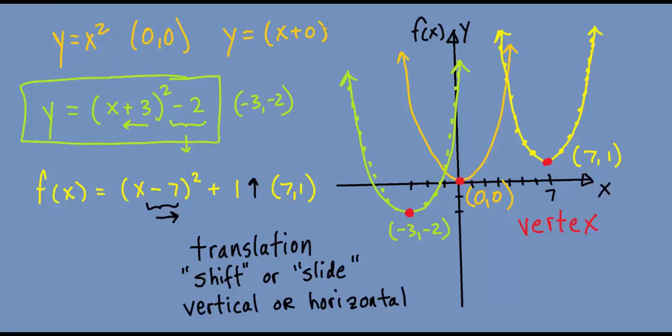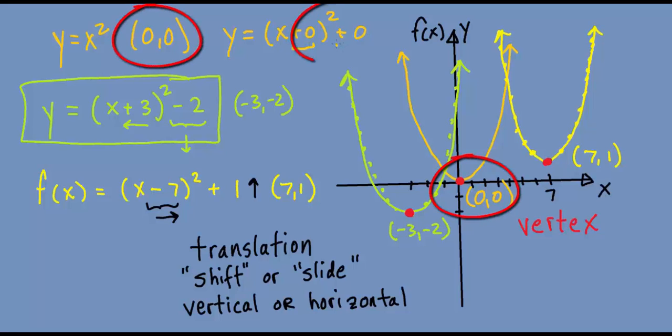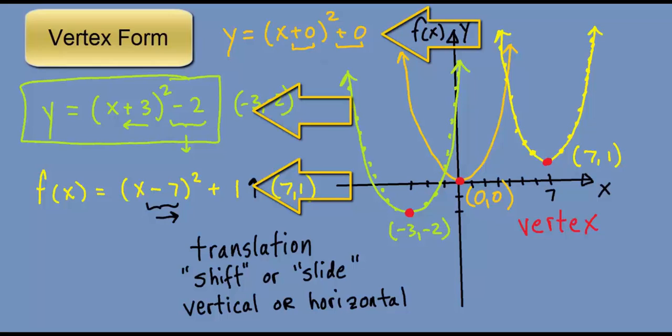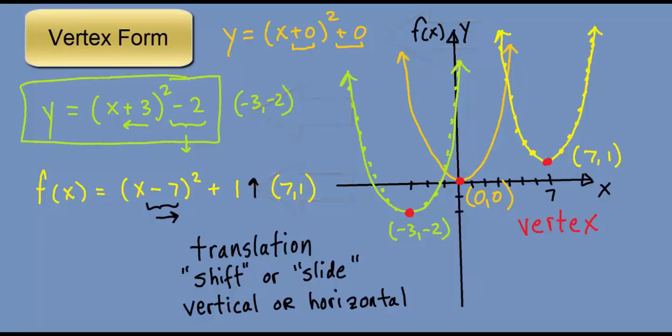That's just x squared, right? So I haven't really changed it. So notice that, again, 0, 0, the same pattern works for that. So these three quadratic equations are written in what we call vertex form, because you can read the vertex of the parabola right off the equation.